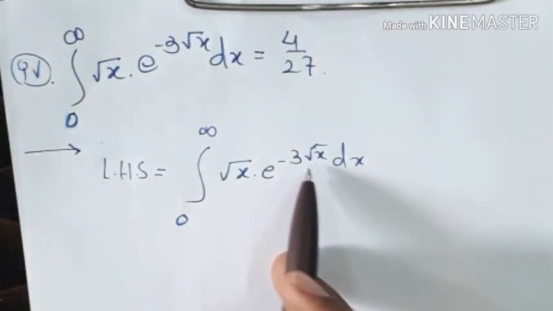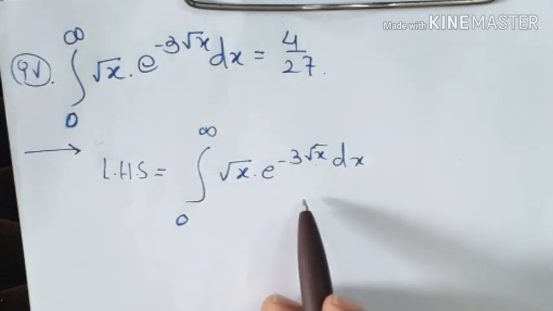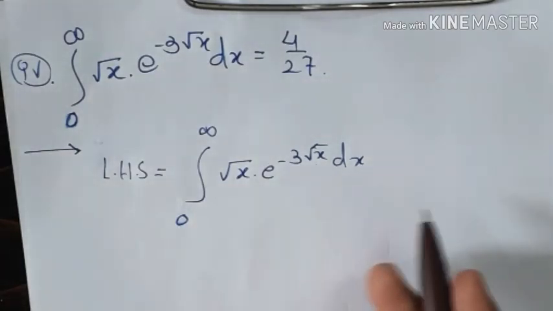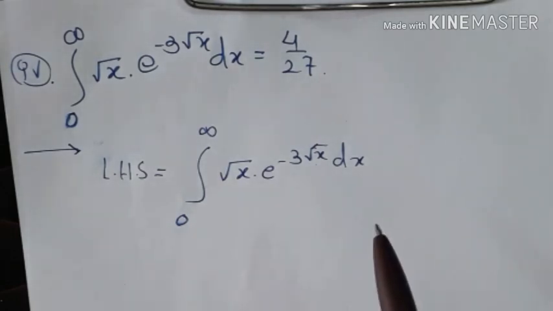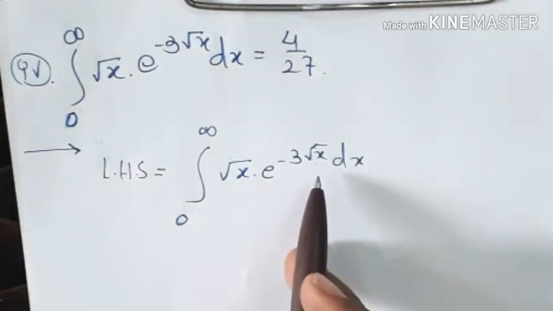Another problem may come with e raised to minus x squared, as we saw before. Then we put x squared equal to t. Sometimes it will come with some constant, like k squared x squared. Then we put k squared x squared equal to t. We will see that in the next question. But here we put 3 root x equal to t.